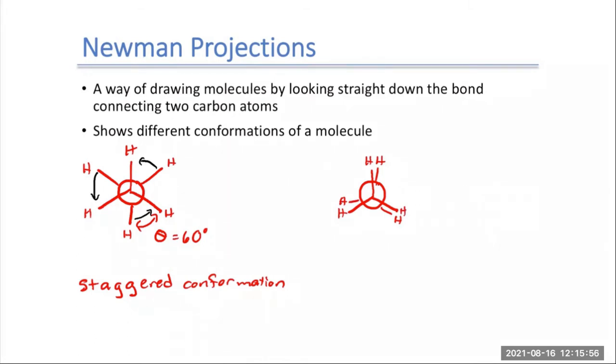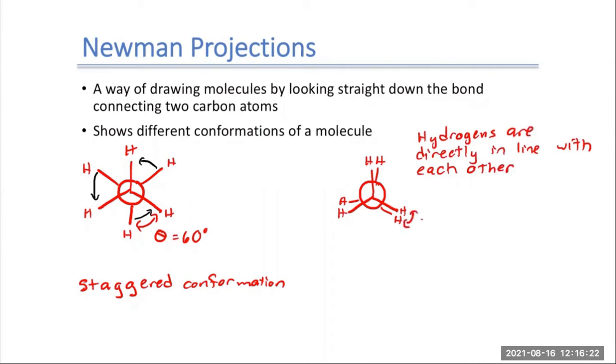But what's implied is that these hydrogens are directly in line with each other. In this conformation, the angle between the two hydrogens is 0 because they're all lined up. We call this one an eclipsed conformation.